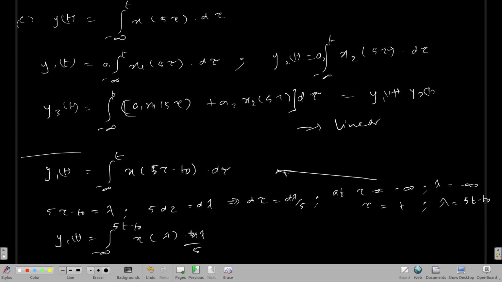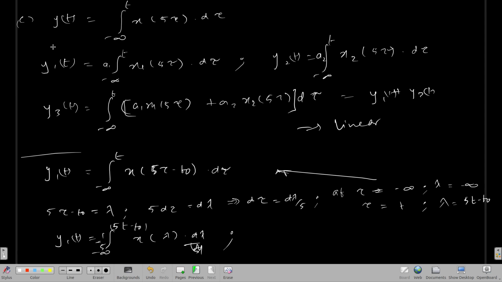We can take the constant outside, so it will be 1 by phi times the integral from minus infinity to phi t minus t0 of x of lambda d lambda.